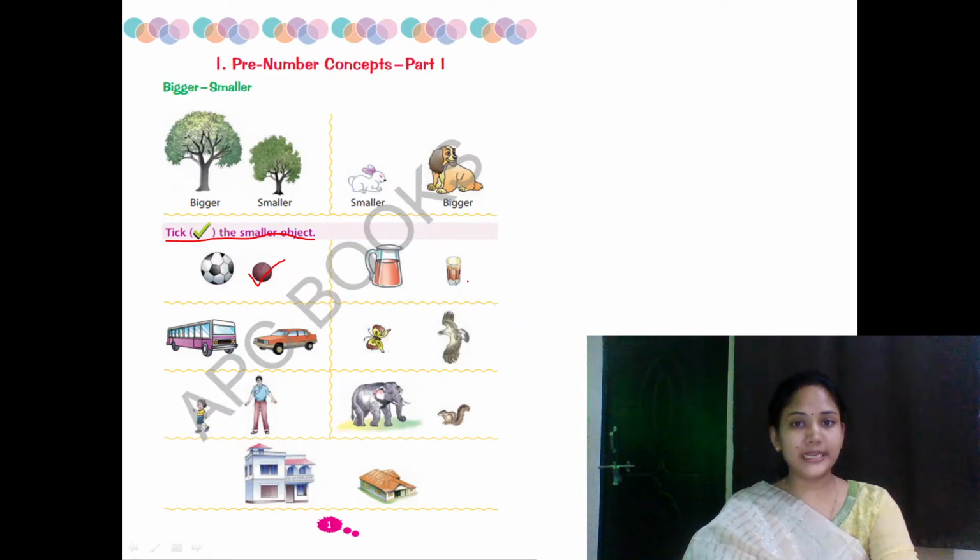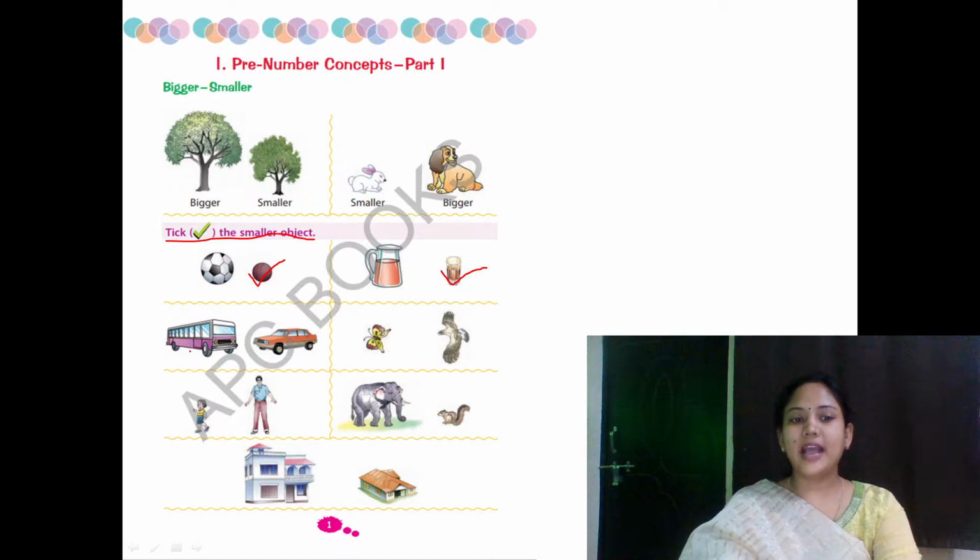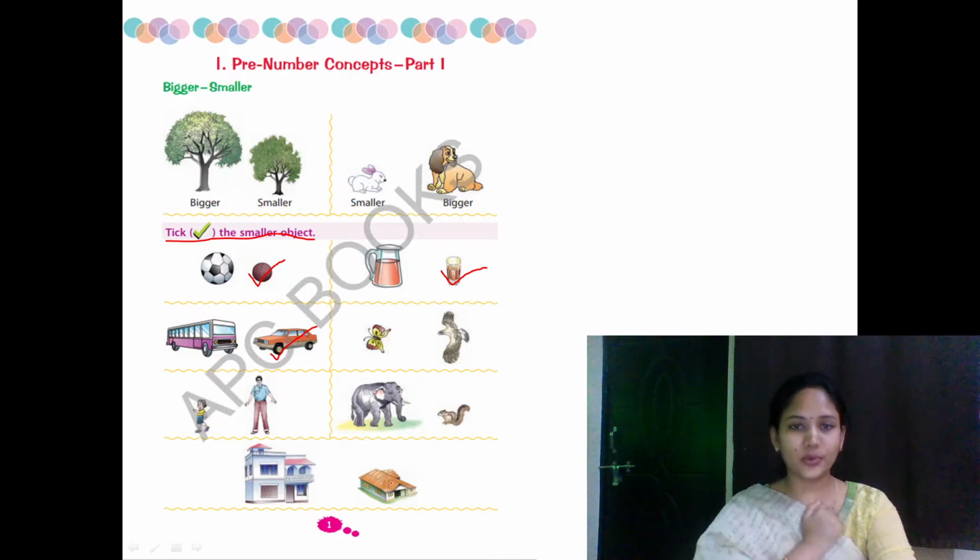So which one is smaller? Yes, the glass is smaller. Very good. Then I have a bus and a car. So which one is smaller? Yes, the car is smaller. So I will tick the smaller object. Now, बाकी questions you will solve, okay, and show it to me.